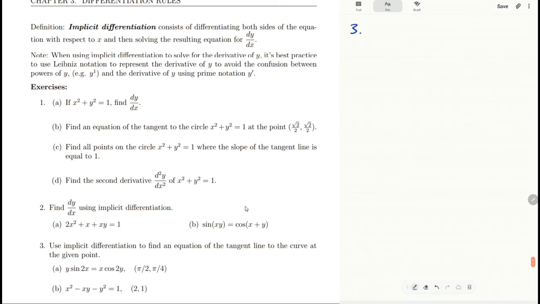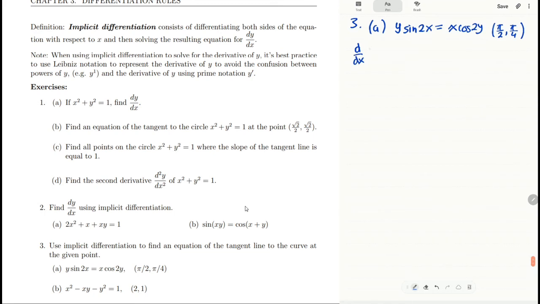So now in the third example, let's use implicit differentiation to find the equation of the tangent line to the curve at the given point. We have y times the sine of 2x is equal to x times the cosine of 2y, and the coordinate is pi over 2 and pi over 4. Here we'll use implicit differentiation.